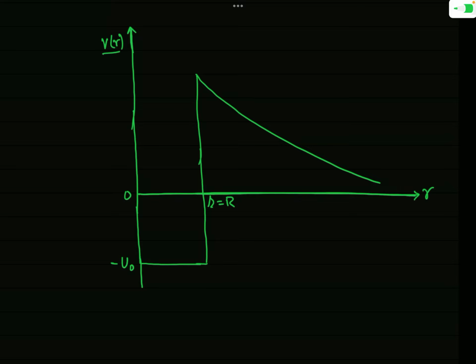Inside the nucleus there is attractive interaction, and due to that the potential energy is fixed, that is constant, and that constant value I have assumed to be minus u0, but this minus u0 value holds up to a distance r equal to R. After r equal to R, the potential energy is the Coulombian potential energy, and this is your attractive potential well.